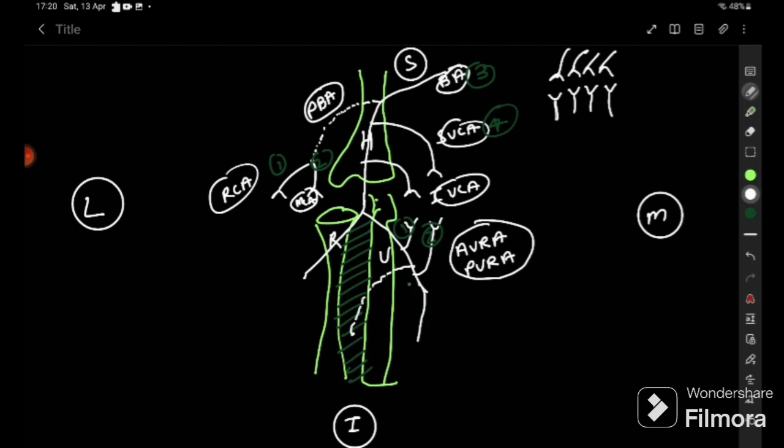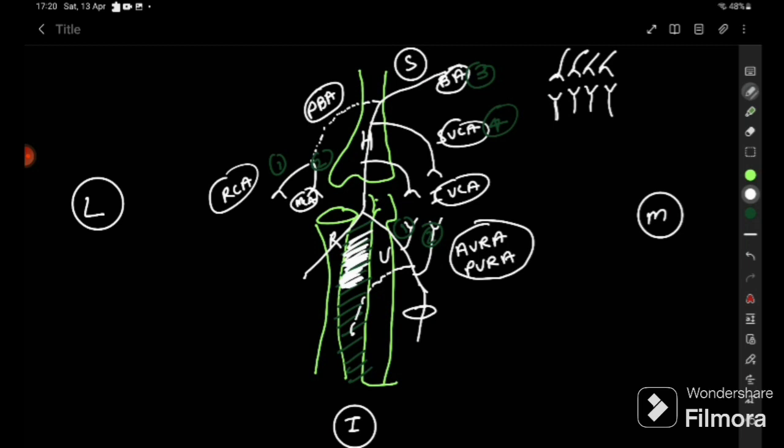This thing shaded in green, which I am now highlighting with white, is the interosseous membrane. So the ulnar artery divides into two arteries, one which runs anteriorly, the anterior interosseous artery, and one which runs posteriorly, the posterior interosseous artery.